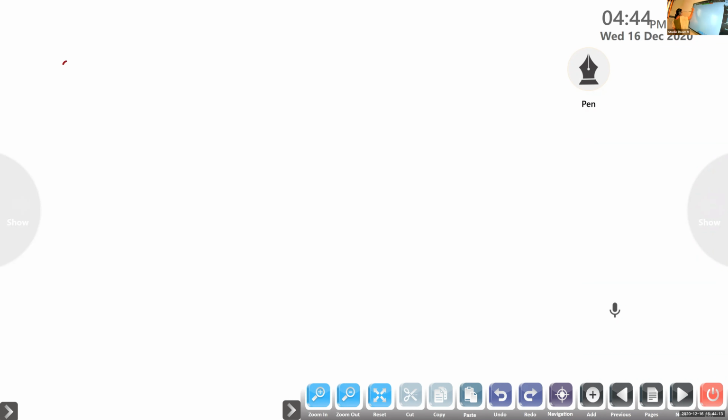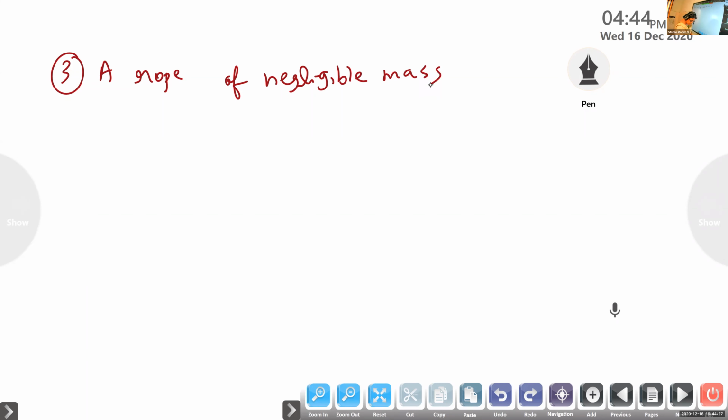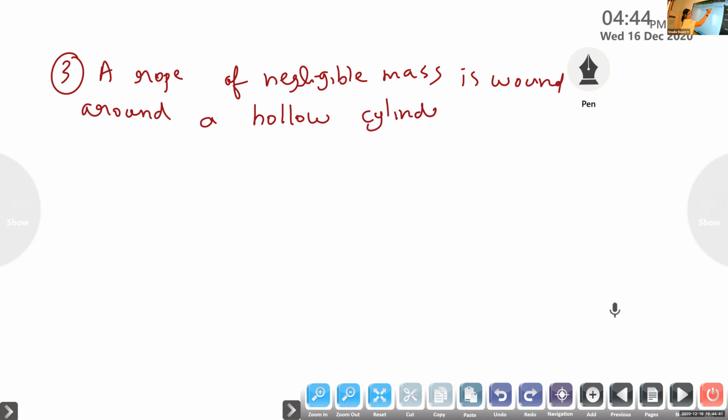Third problem: a rope of negligible mass is wound around a hollow cylinder of mass 3 kg and radius 40 centimeter.